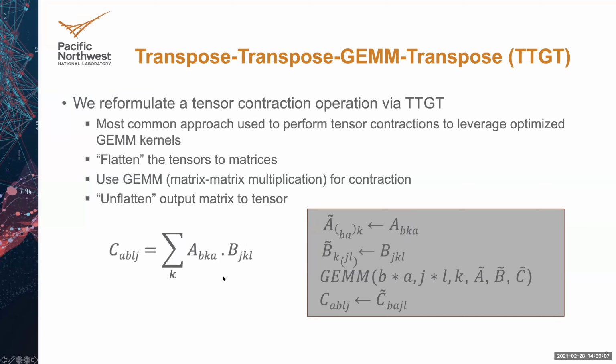The first thing we do is flatten the tensors to matrices. For example, here we reshape the tensor, flattening it, and it looks like a two-dimensional matrix. It is the same for the second operand, tensor B, and we perform the GEMM operation. And if necessary, we can transpose back the output tensor into the layout we need.